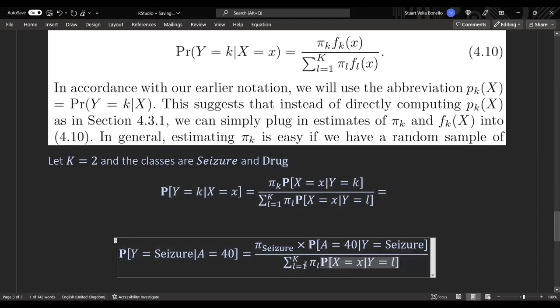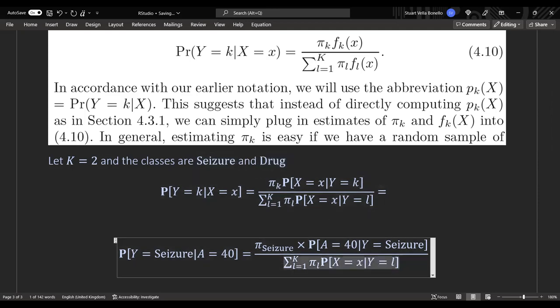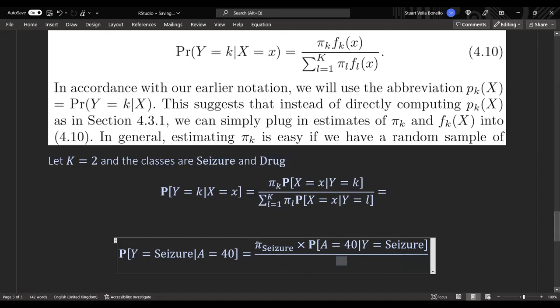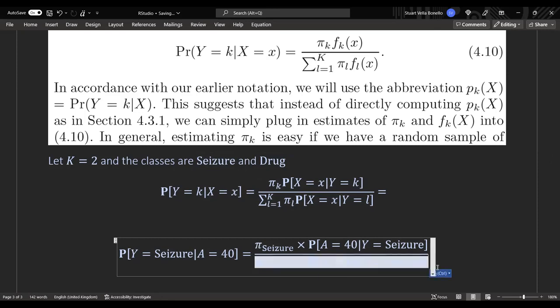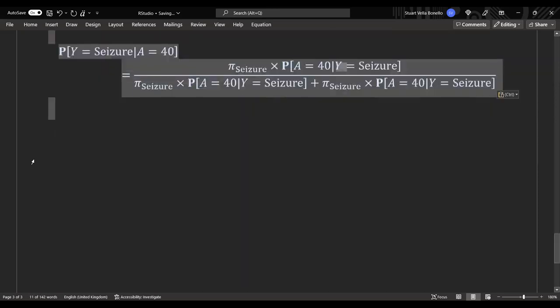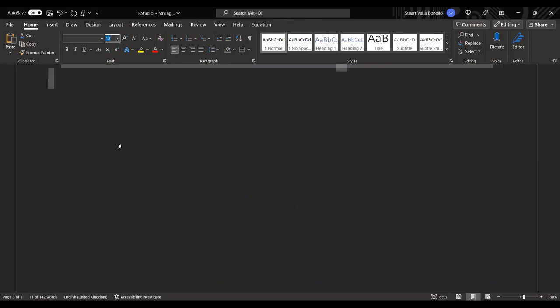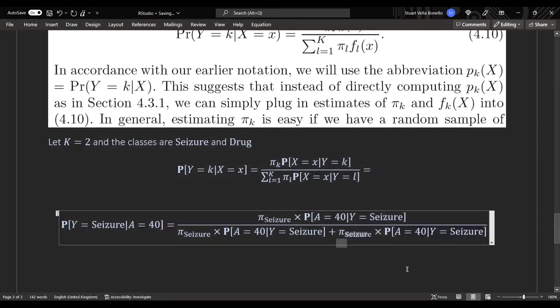So now what we get is these are our two L's: L equals 1 for seizure, and L equals 2 for drug overdose. So what do we get? We get all this for seizure, but again for drug overdose.